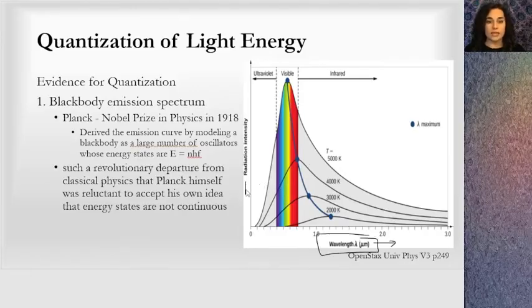The intensity of that light is related to the wavelength. And the hotter an object, the greater the intensity, but also the characteristic wavelength for that radiating body, this peak here, changes for hotter objects.